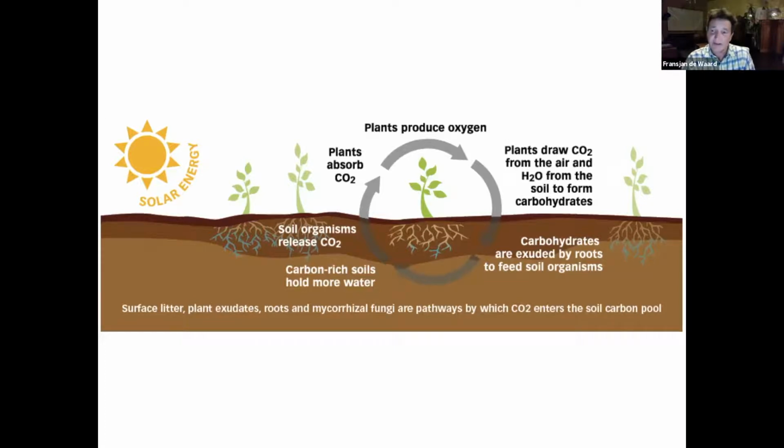And this is where they feed soil organisms, soil life. So if you don't have growing plants, you don't actually feed soil life, and you stop having soil life at some point. An expensive word, in the right corner, is that carbohydrates are exuded. So this is a major way by which carbon gets into the soil.